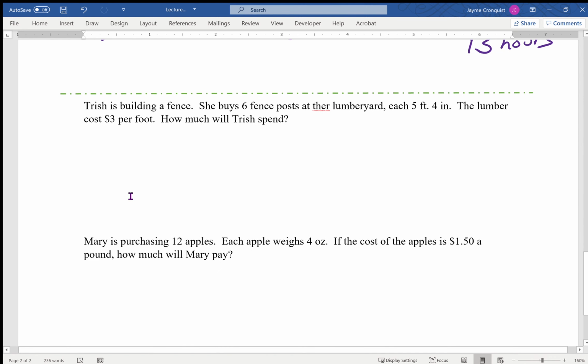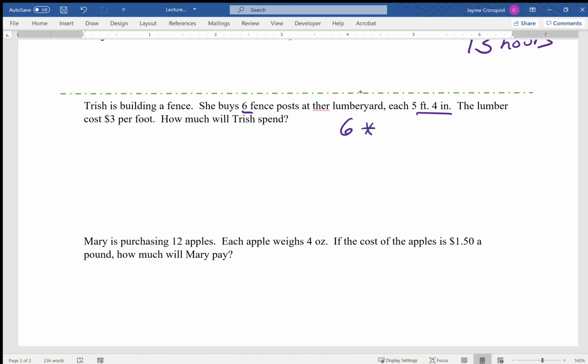Trish is building a fence. She buys a fence post at the lumber yard. Each is 5 feet 4 inches long. The lumber costs $5 per foot. How much will Trish spend? Okay, so she's buying 6 fence posts at that. So we have 6 times, we need it by feet.